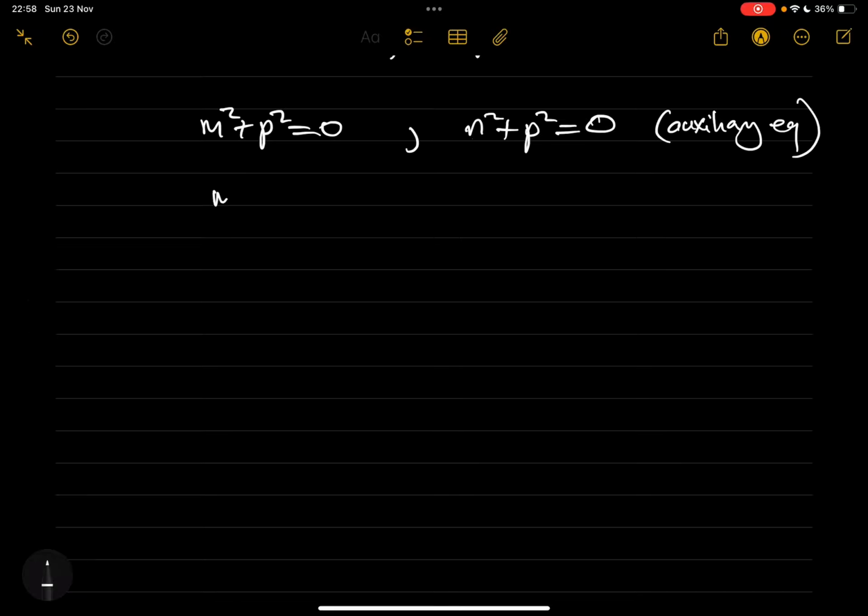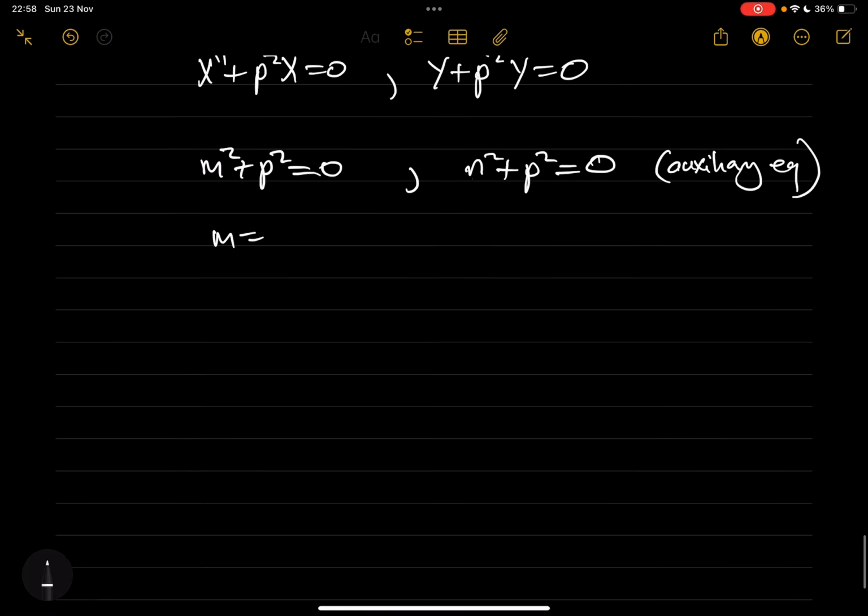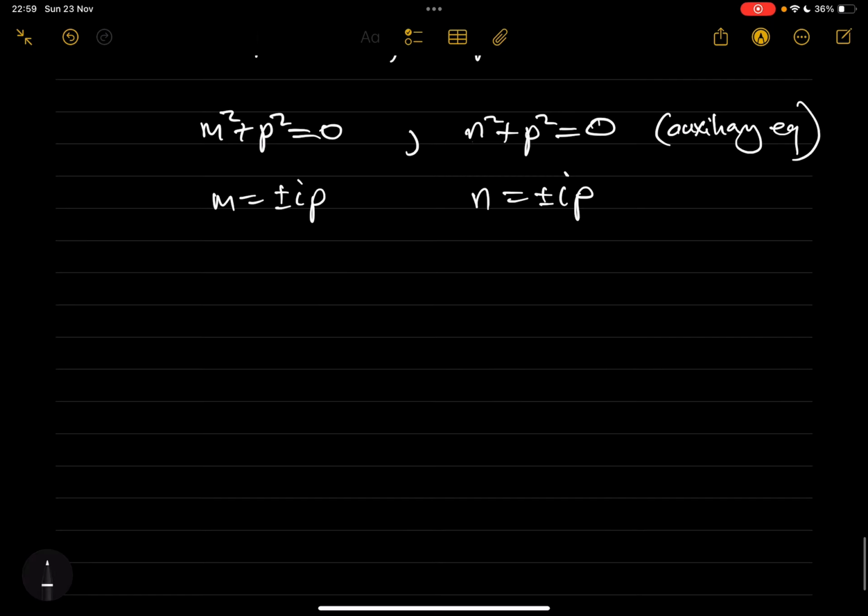So our value of m is going to be plus or minus ip, since it's the square root of a negative constant. So now we have complex numbers.